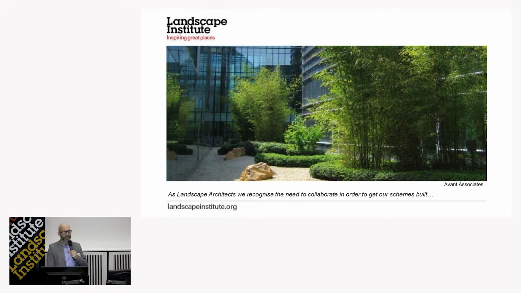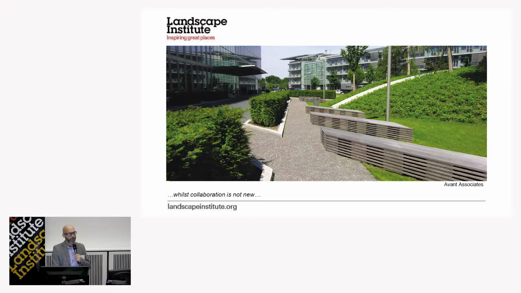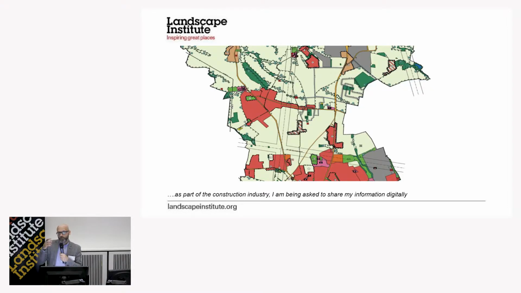So, as landscape architects, we recognise that there is a need to collaborate in order to get our schemes built. But whilst collaboration isn't new, within the construction industry, we're starting to be asked to deliver more and more of that information and data digitally.